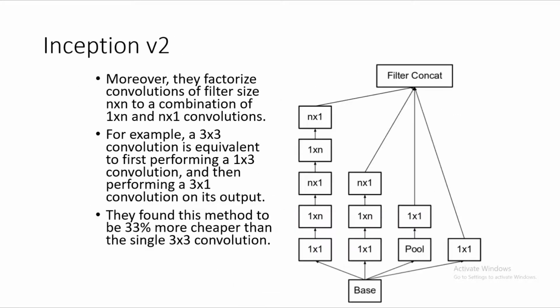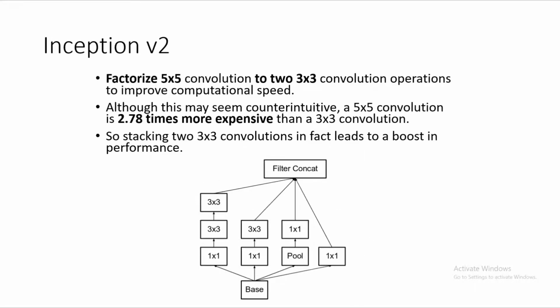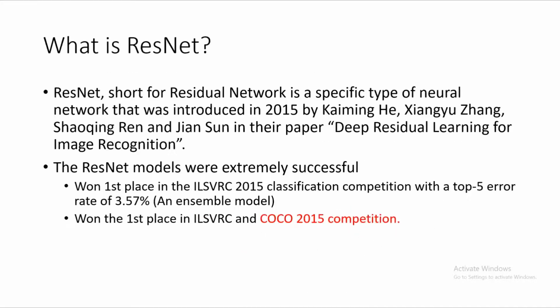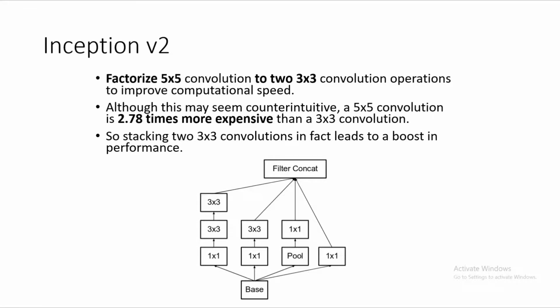Okay, like here what it has done is the factorization of the 5 by 5 convolution. This 5 by 5 convolution is realized by two 3 by 3 convolution operations.